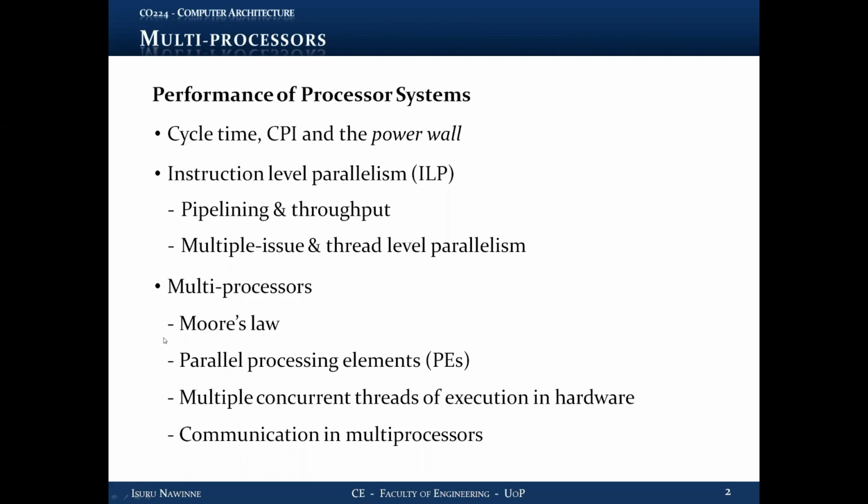So how do you use these extra or abundant transistors available on chips as we keep improving the underlying technology? The intuitive approach is using multiple processors, putting multiple processor cores on the same chip, which can process multiple streams of instructions, or rather multiple programs, at the same time.